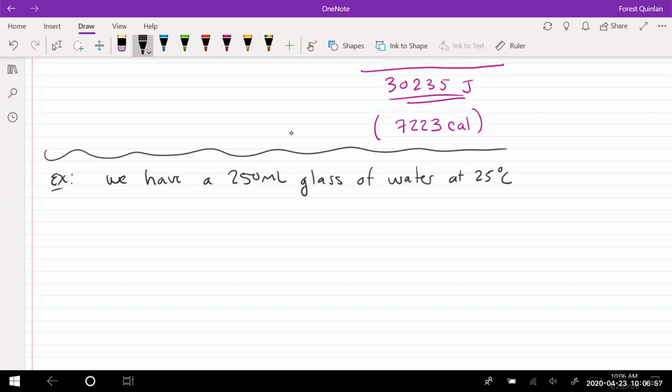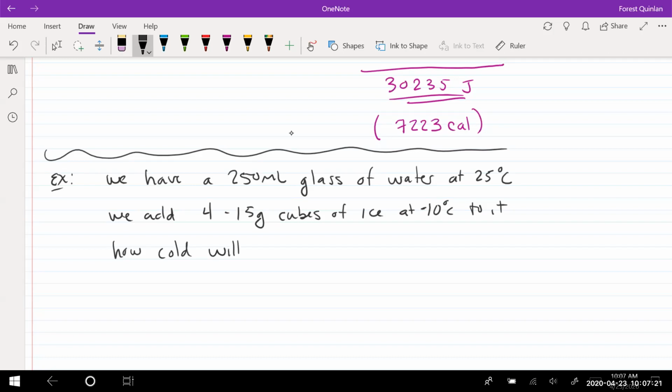We add 4 15-gram cubes of ice at -10 degrees Celsius to it. How cold will the water get?